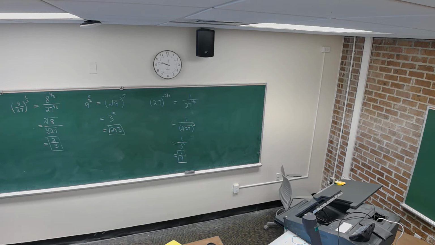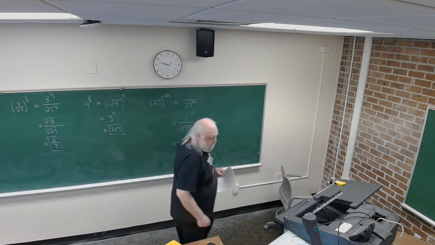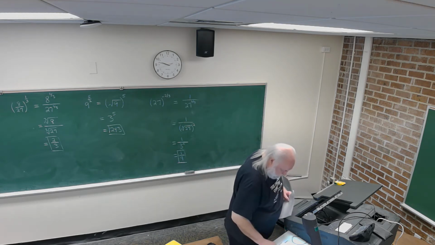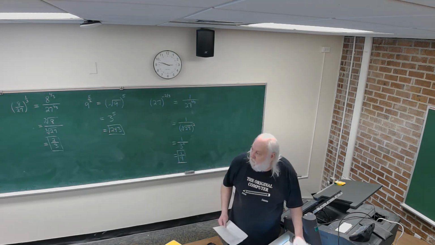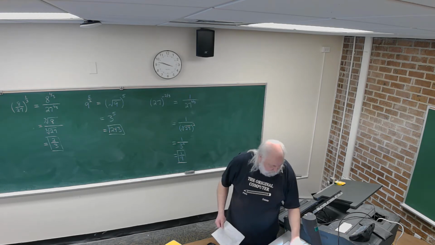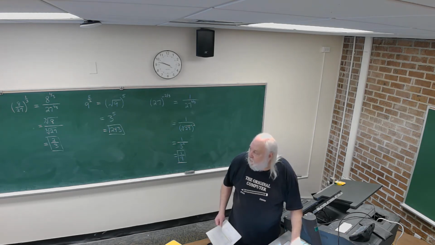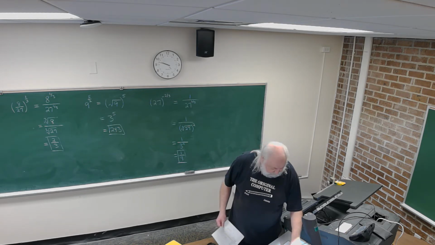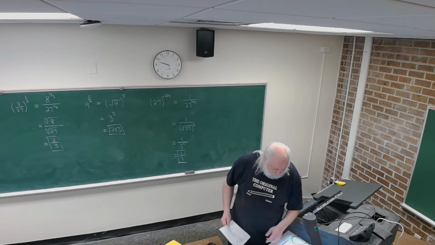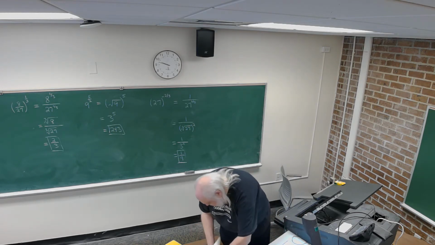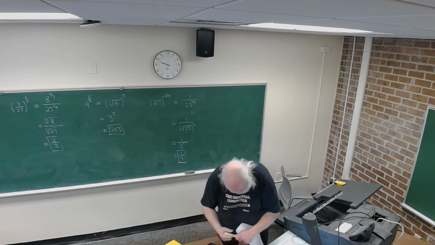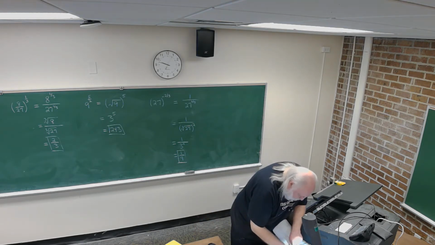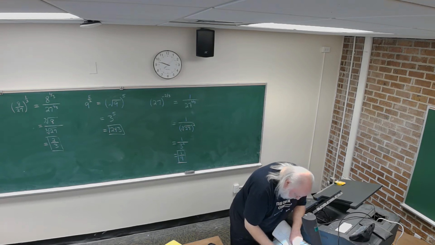All right, exponential function. The exponential function f with base a is denoted by f of x equals a to the x, where a is a positive number and not equal to 0, and x is any real number.